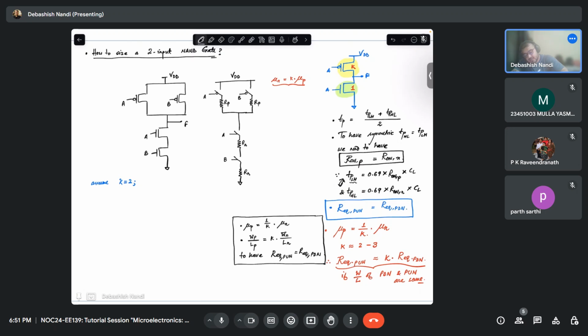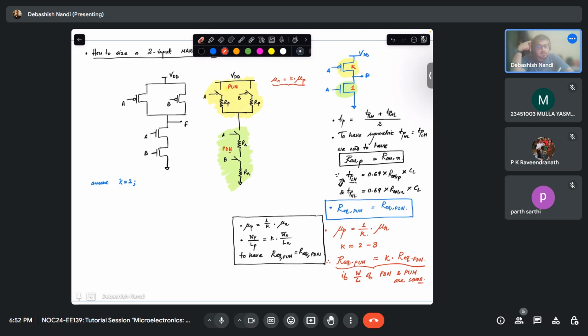This is my pull up network, and this is my pull down network. Okay.